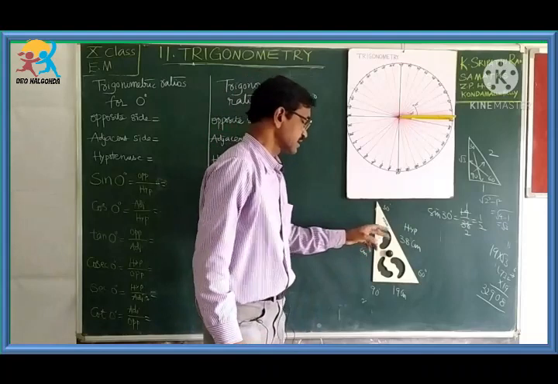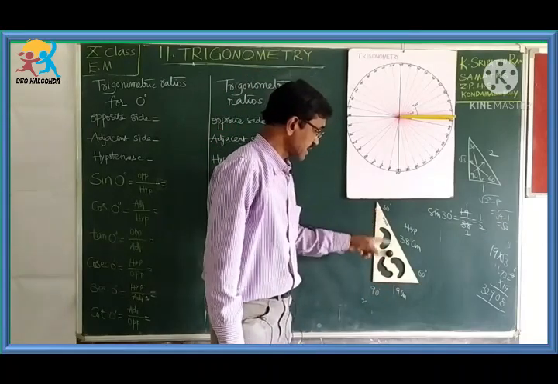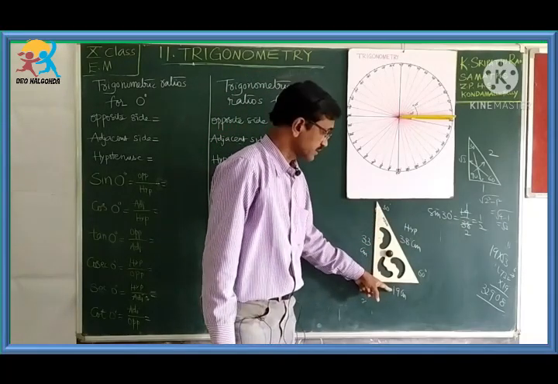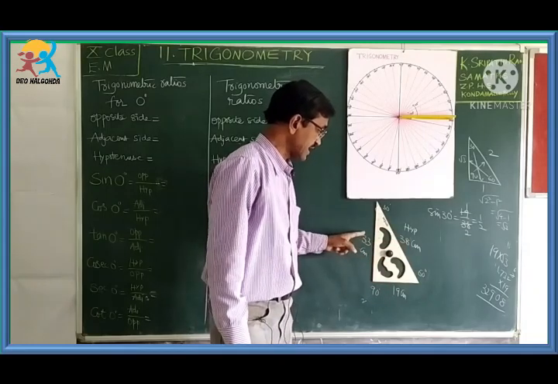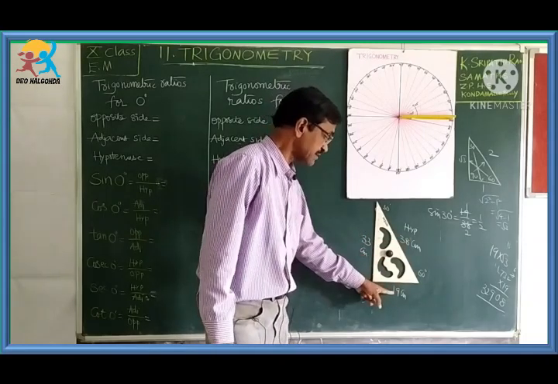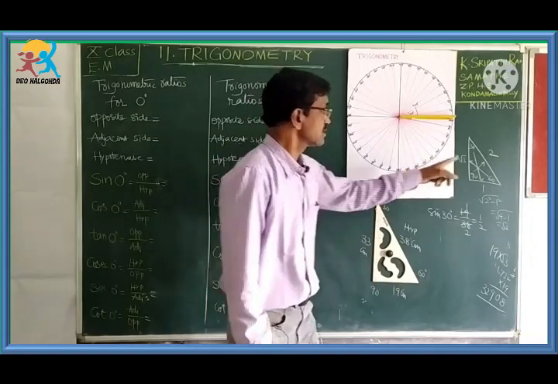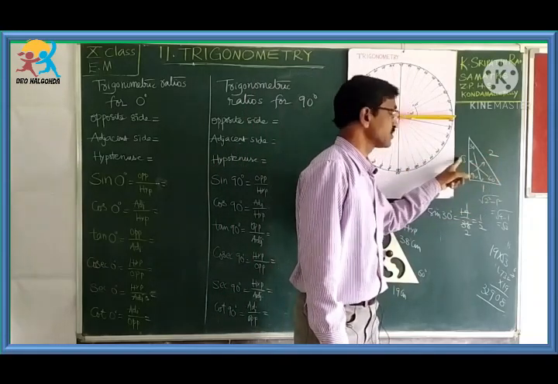If the opposite side to 30 degrees is 19, in that case the hypotenuse is double the opposite side and the adjacent side is root 3 times this side, that is 1 to 1 root 3.